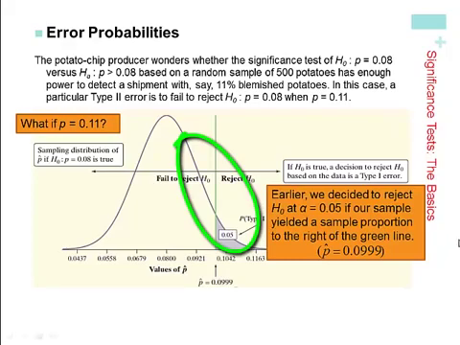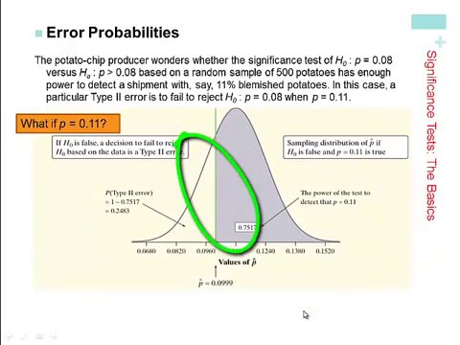So if you look on our graph over here, 0.11 would be in this area here. If I redrew my distribution, keeping my reject value at 0.0999 but moving the center of the distribution from 0.08 to 0.11, my graph would look like this.